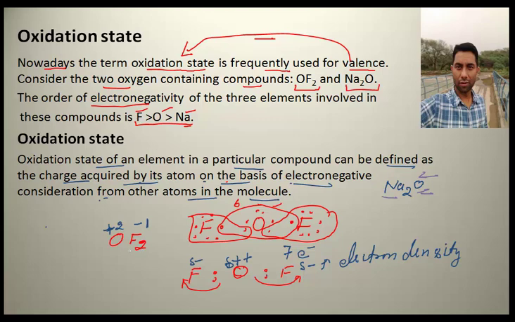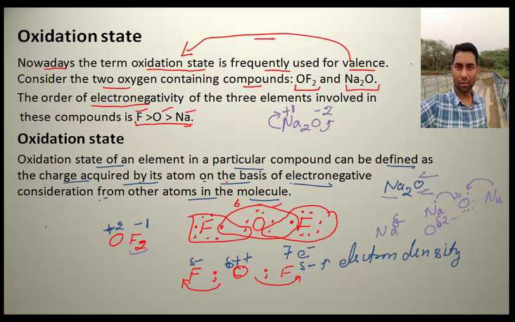In the previous case it was fluorine, so fluorine was more electronegative. In sodium oxide, sodium will have +1, whereas oxygen will have -2. So the oxidation state of oxygen will be -2 and that of sodium will be +1, right? For OF2 we have already done this.